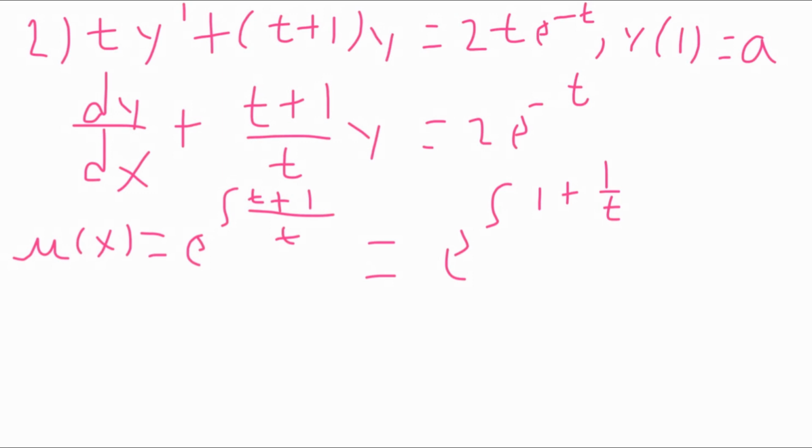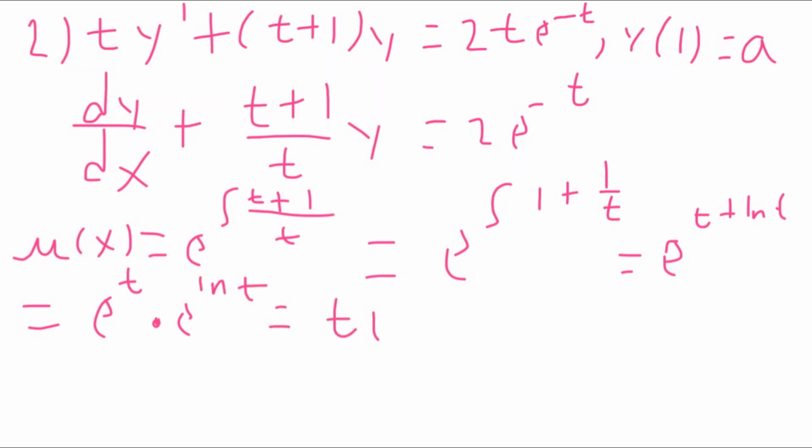And we know what this is. This is going to be e to the t plus ln t. Then we're going to separate it, equal to e to the t times e to the ln t. And this is just t e to the t, because the e and the ln cancel.